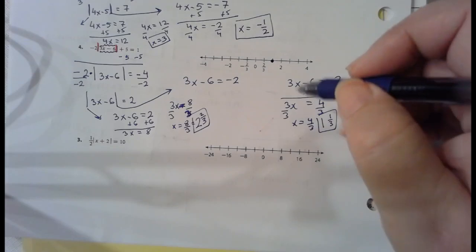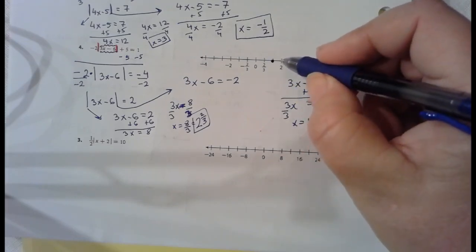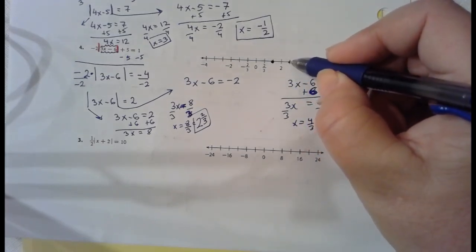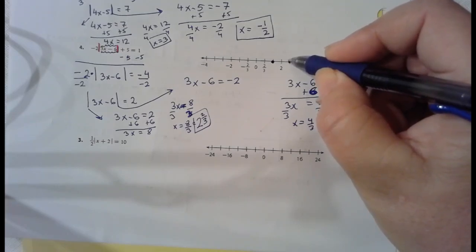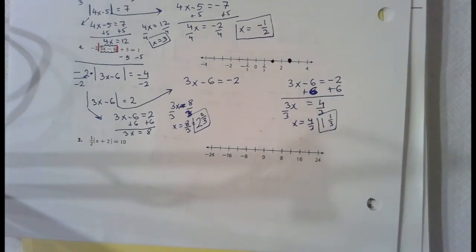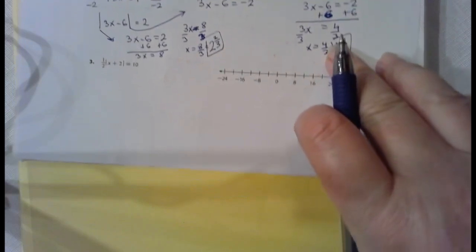Oh, 2 2/3, sorry. So 2 2/3 would be on this side. So this would be my number.